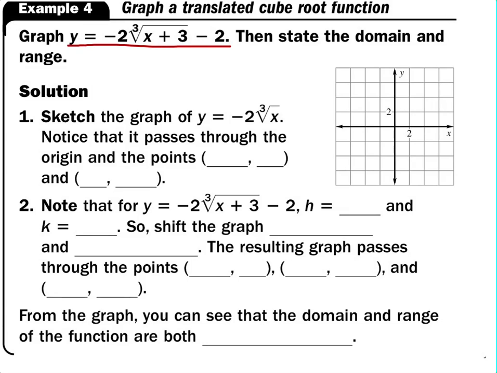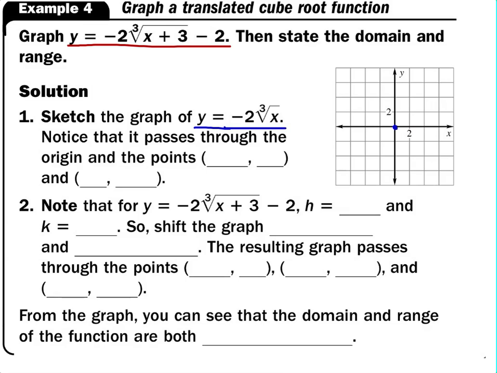Cube root graph that's been pretty well hacked up, changed, modified around that we need to graph and talk about its domain and range. So it's a cube root graph, and the initial suggestion is to graph y equals negative 2 cube root x first. And that's not so bad, really, because you know that it goes through the origin, because the cube root of 0 is 0.